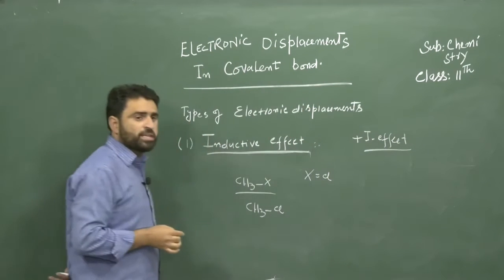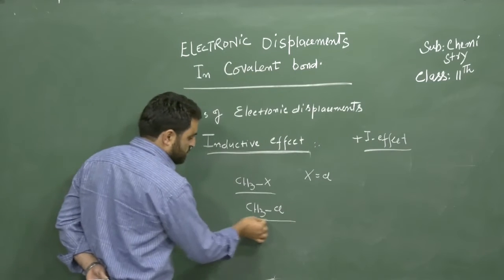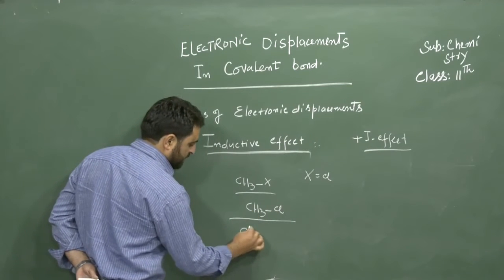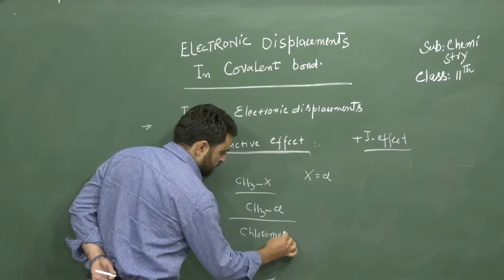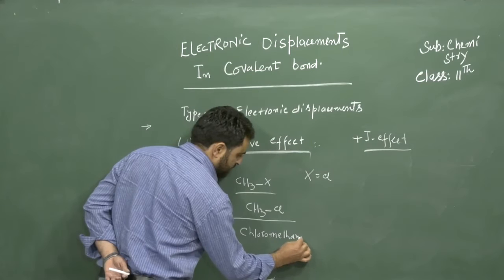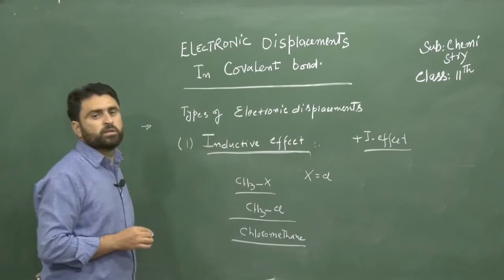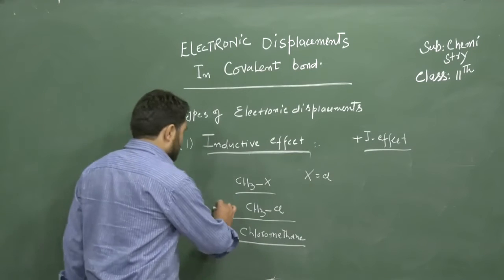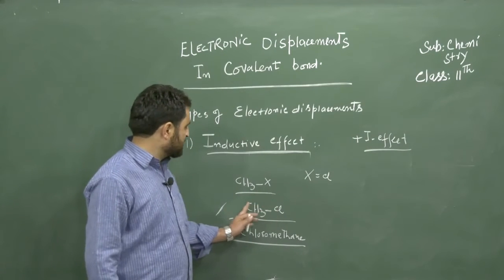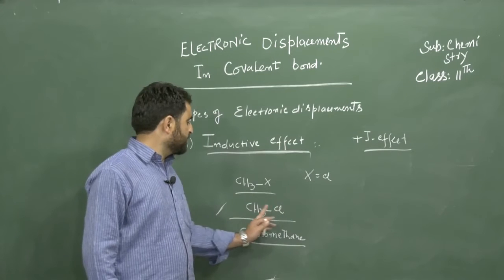I have written an example already. This compound is called chloromethane. Here there is Cl, there is carbon. Carbon is bonded with the chlorine atom.